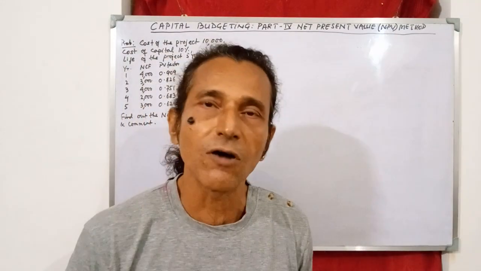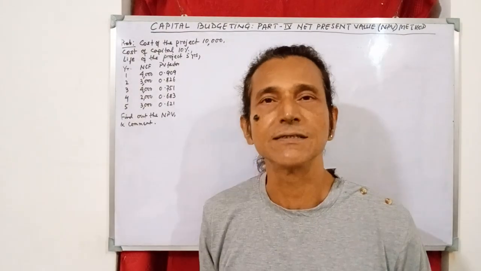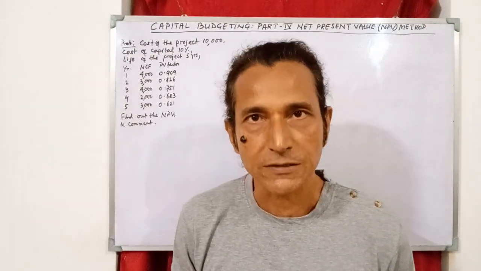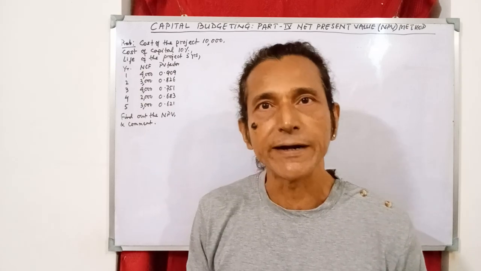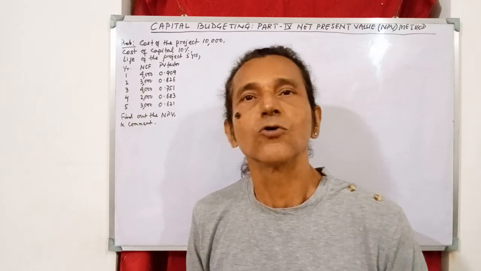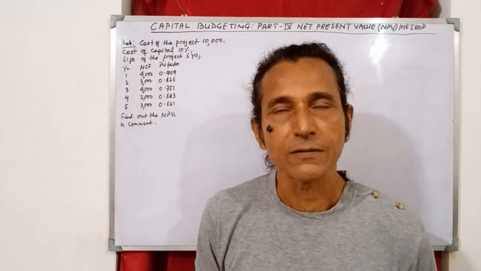Now, the beauty of this method is that it also recognizes the fact that the benefit derived from a project has two aspects. One is quantitative aspect, that is the cash flows, and the other is qualitative aspect, that is the present value of the cash flows. Right?